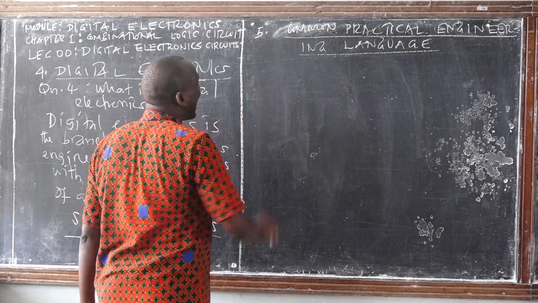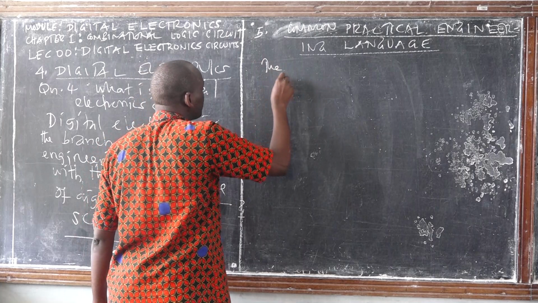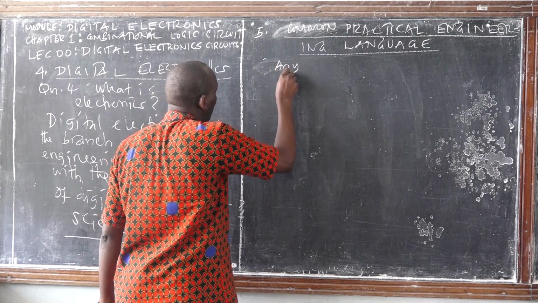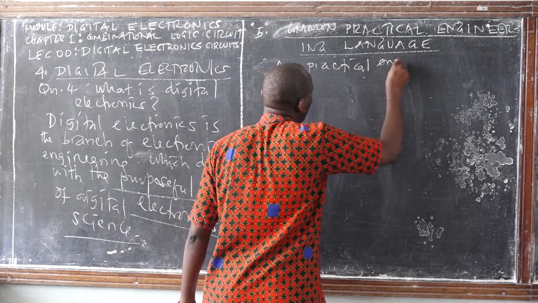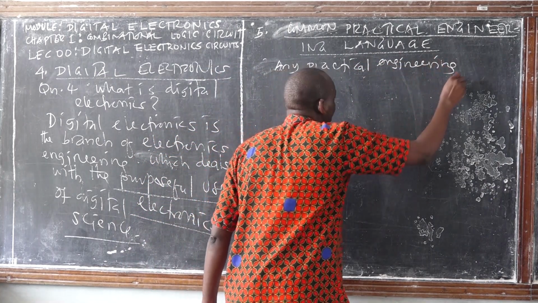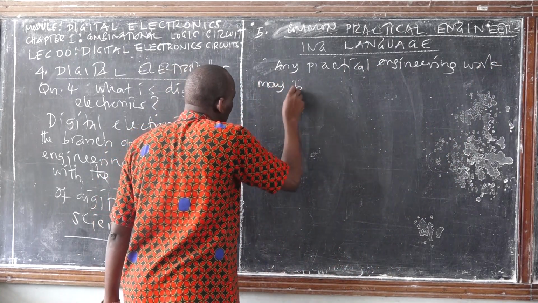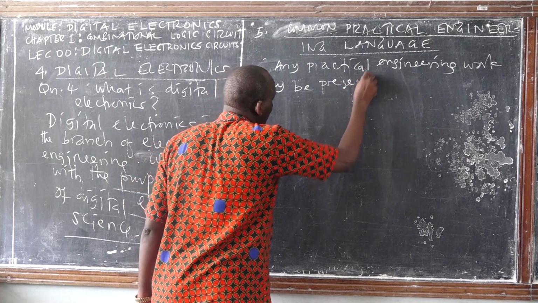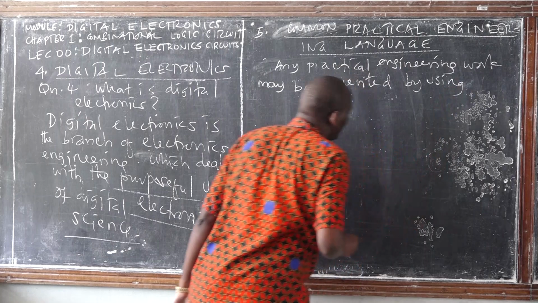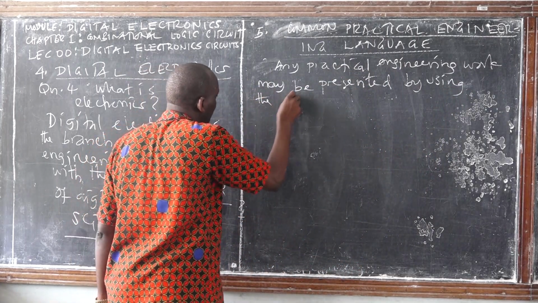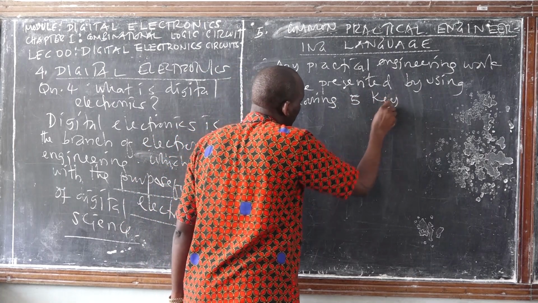We say that the common practical engineering language is this one: any practical engineering work may be presented by using the following 5 keywords.